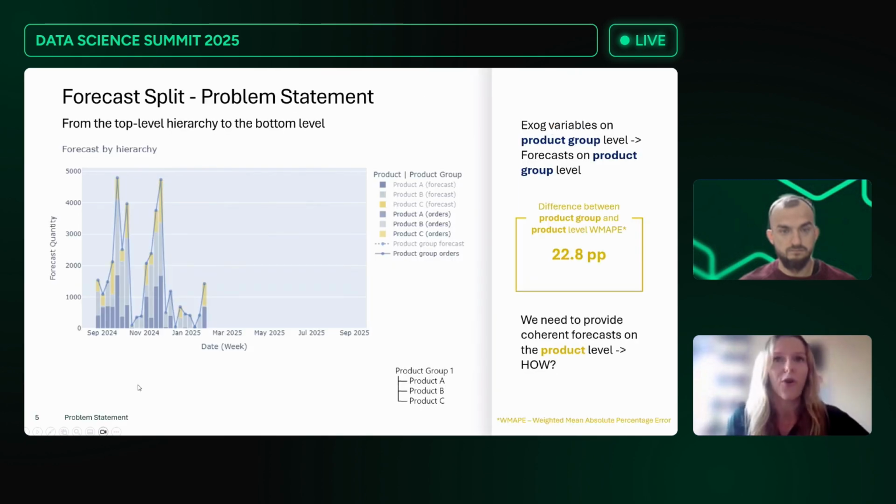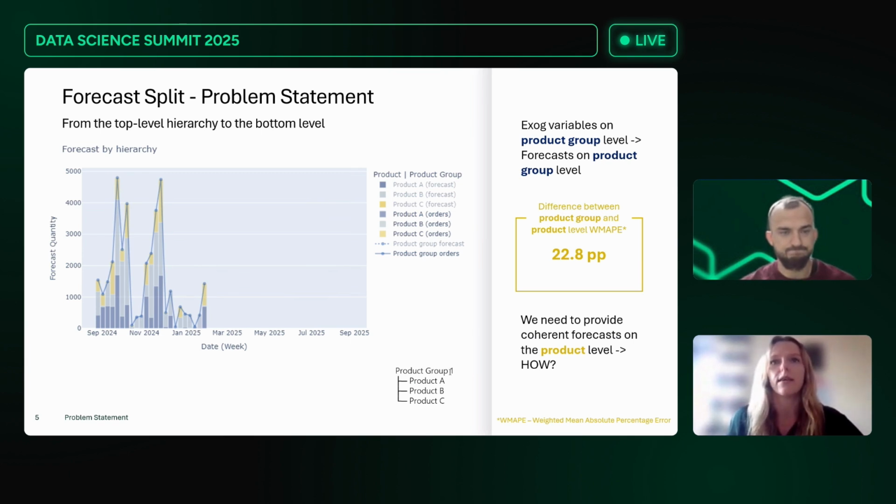Although all our forecasts have been deployed for several years, we find new opportunities for improvements. One of them is the disaggregation from product groups to products after our forecasts are created. On the plot, you can see the historical demand for a sample product group.